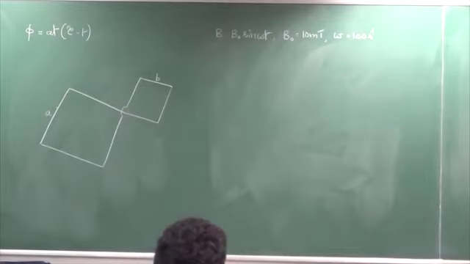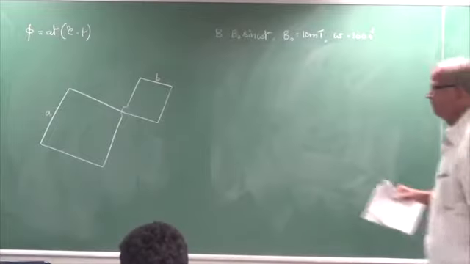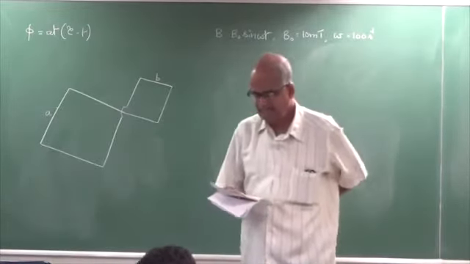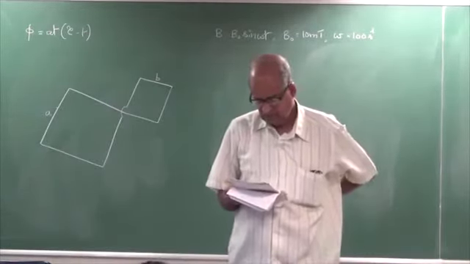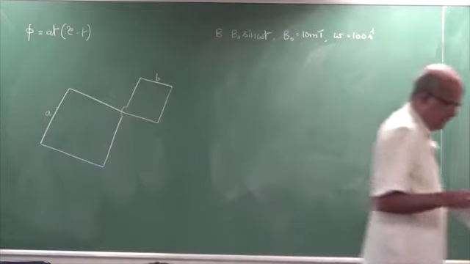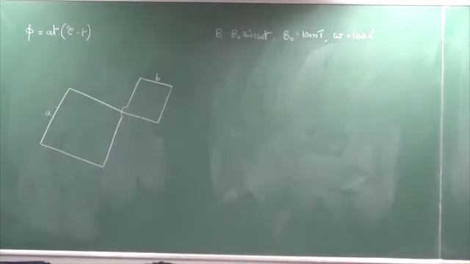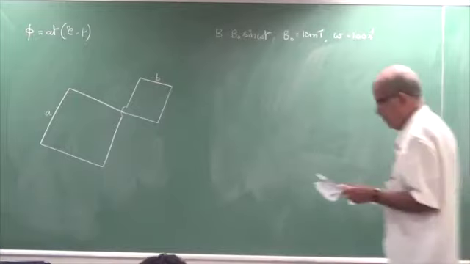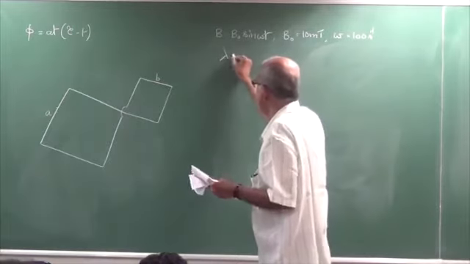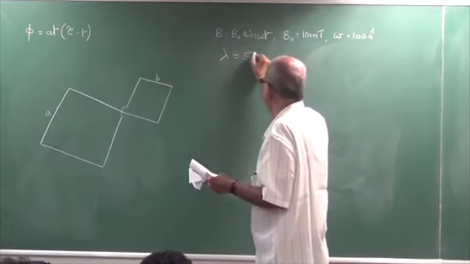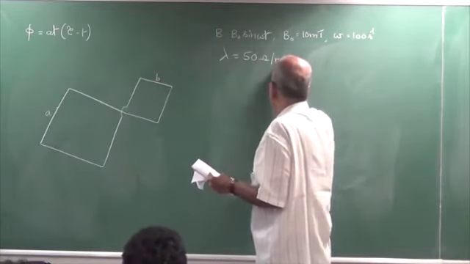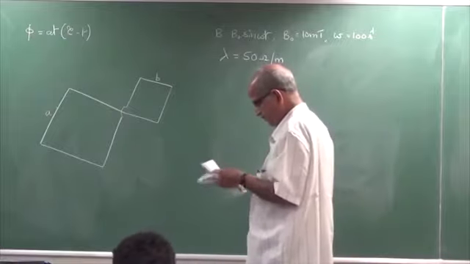Find the amplitude of the current induced in the loop if its resistance per unit length is lambda equal to 50 ohm per meter.